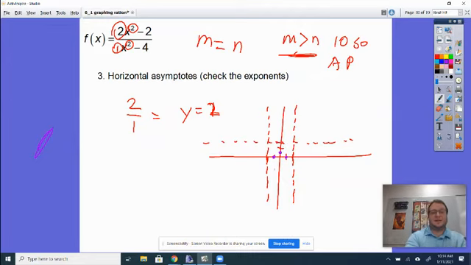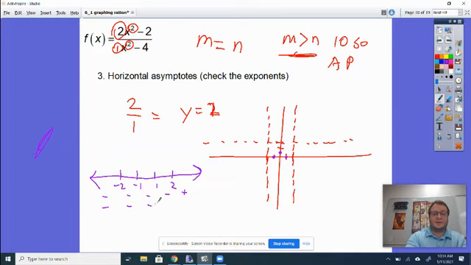Okay, so for my sign array, again, I've got interesting things happening at -2, -1, +1, and +2.